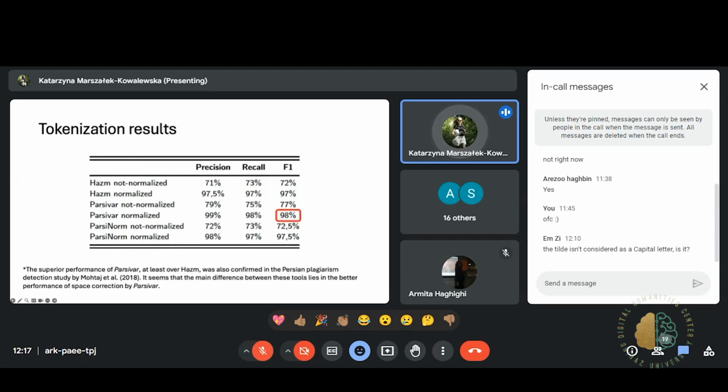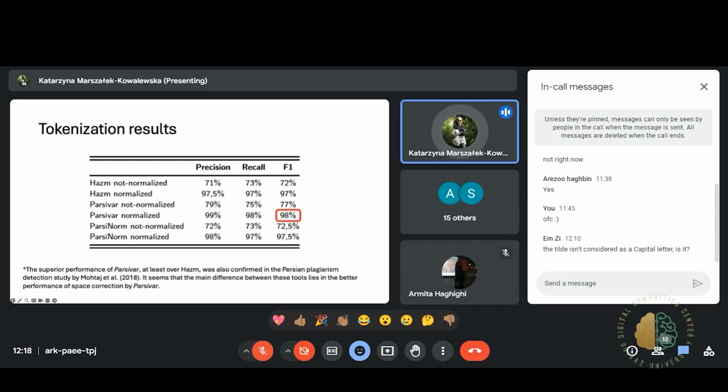So we can see 72% not normalized, 97% normalized. And this is actually very important. This is the first indication of how important normalization is, and we are talking about one of the first steps, the tokenization.